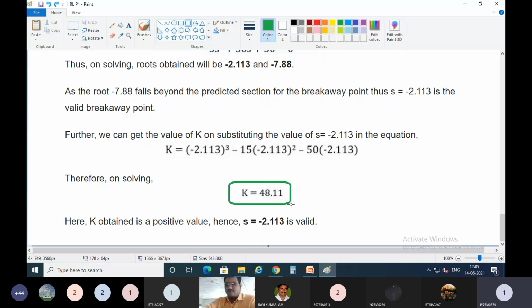K equal to 48.11. Keep in your mind, K equal to 48.11. K is a positive value, hence S equal to minus 2.11 is a valid breakaway point.